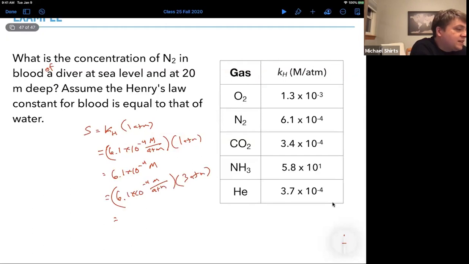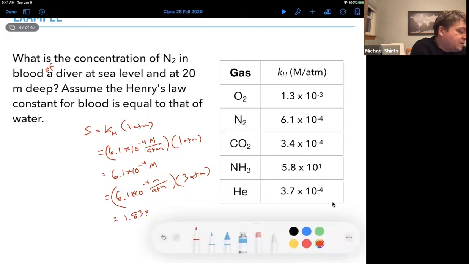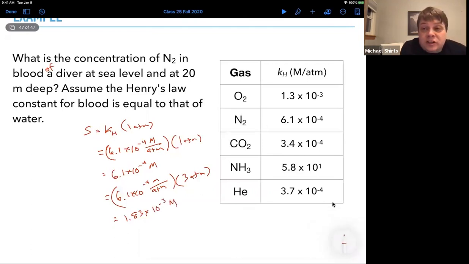And so this is going to be 1.83 times 10 to the minus 3 molar concentration in the blood, about 3 times higher nitrogen, which doesn't seem like a big problem at all.